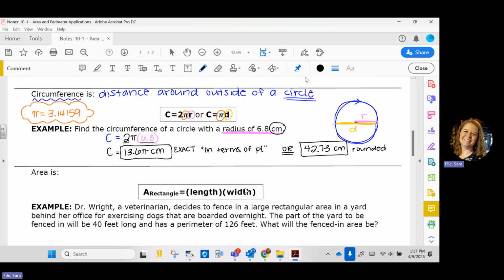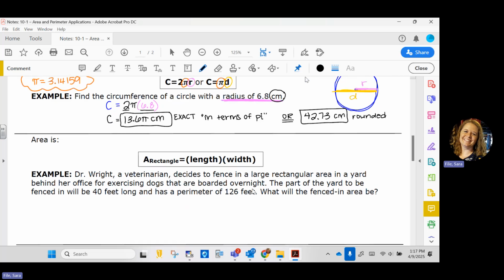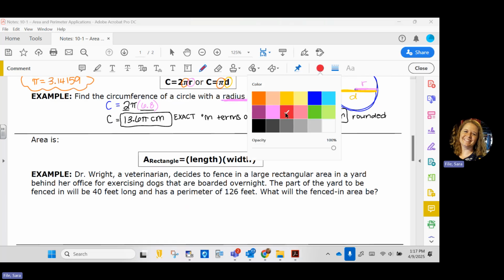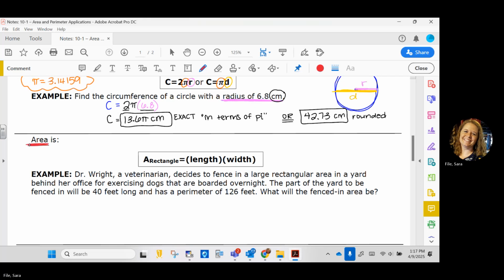All right, so that's it for perimeter and circumference. Let's look at area. So area, okay, perimeter was the distance around the outside. Area is the space inside a figure.